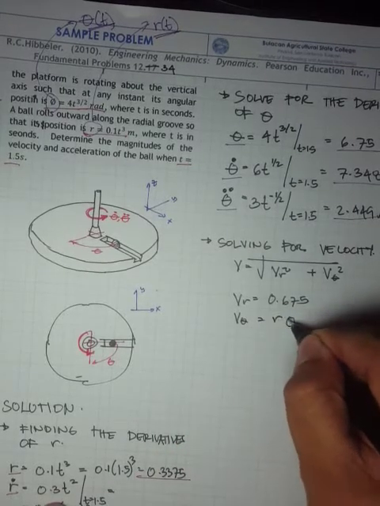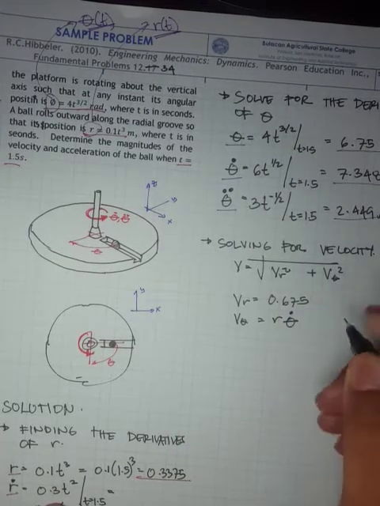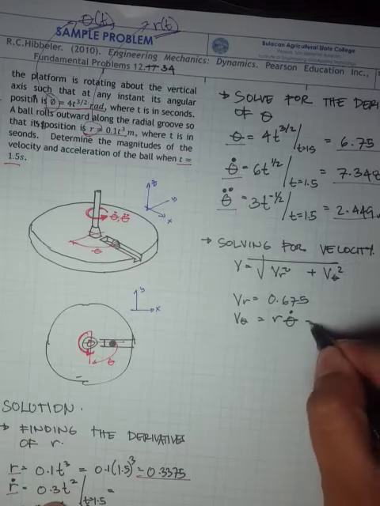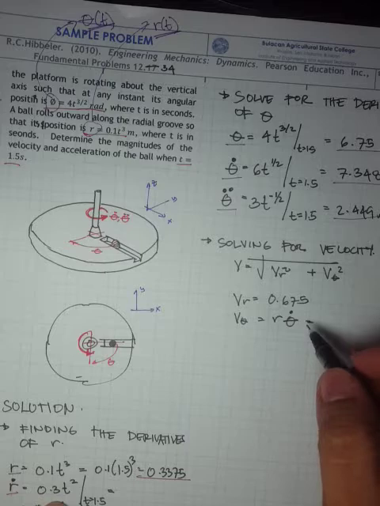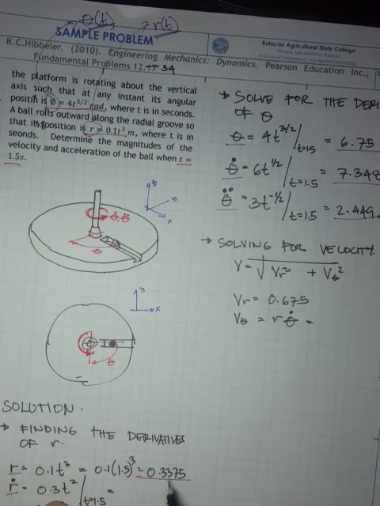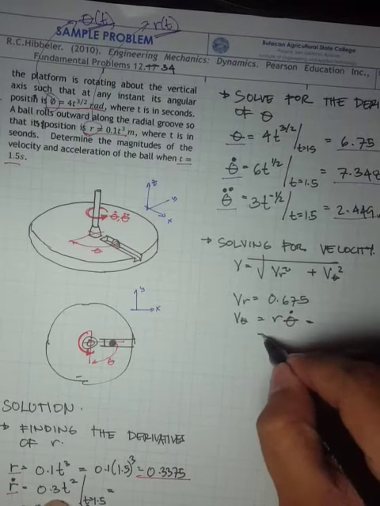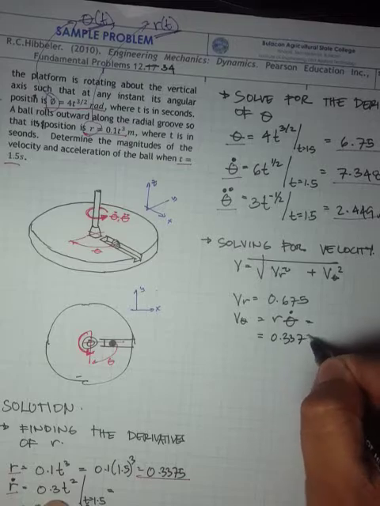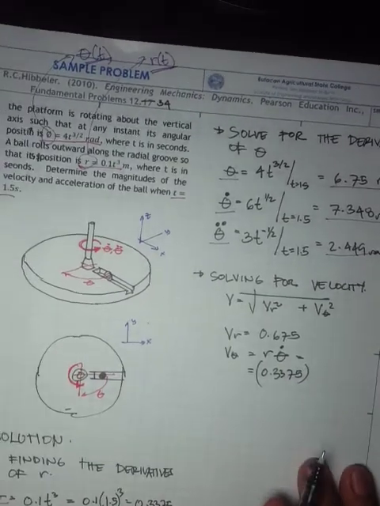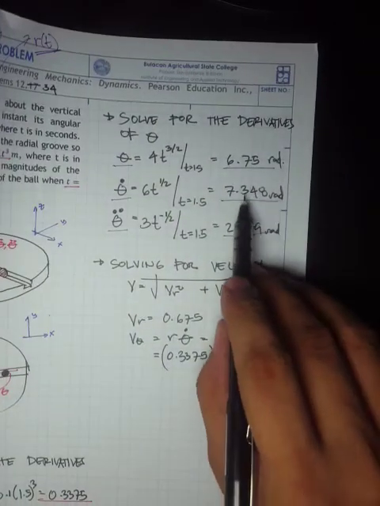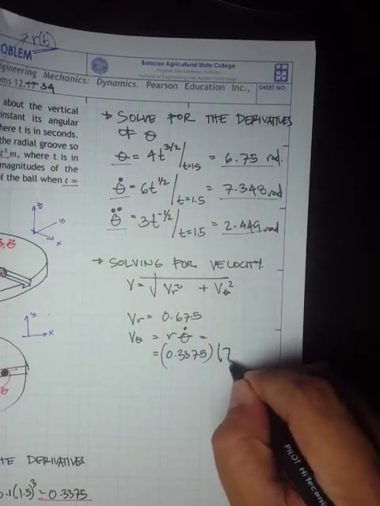So r theta dot is equal to, what is r? Our r is 0.3375 times theta dot, and theta dot is 7.348.